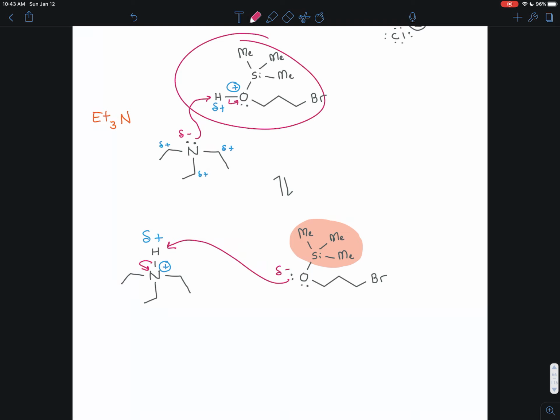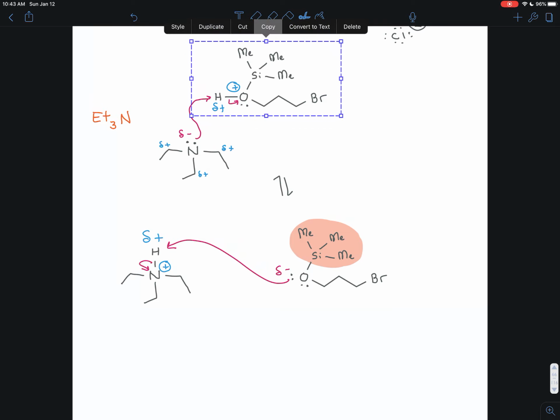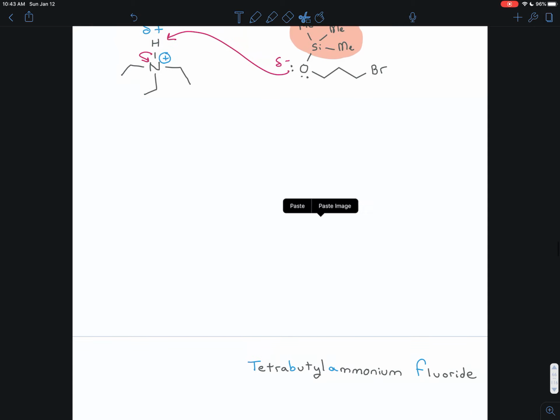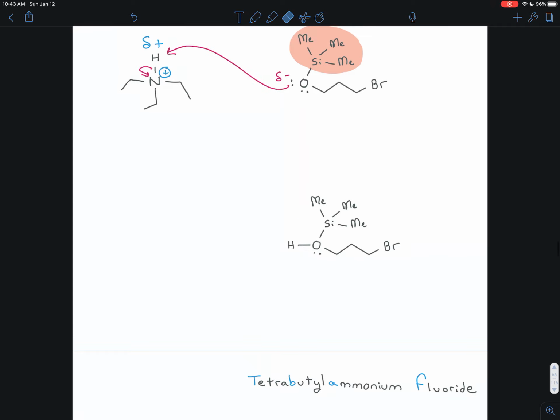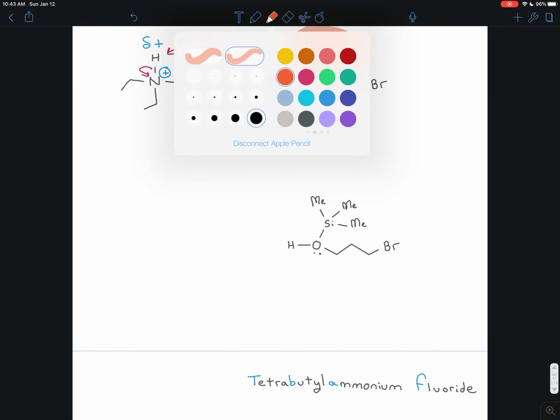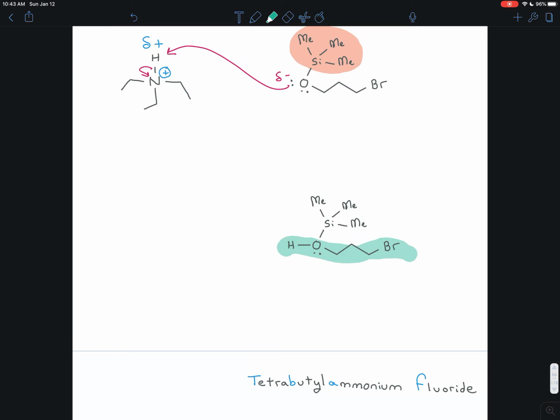So we still have sort of this in solution in this equilibrium. So we can take that and use that to our advantage. We can take this and sort of think of this whole group as a leaving group.